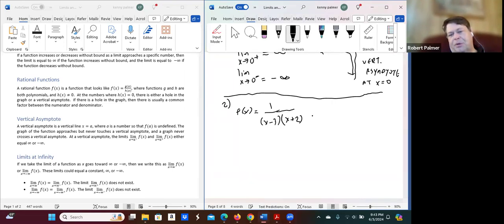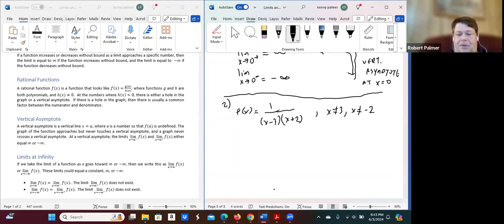Now, what numbers make the denominator 0? One is positive 3, so x can't be positive 3, since that makes this part 0. Also x can't be negative 2, since that makes this part 0. All right, so let's graph that.